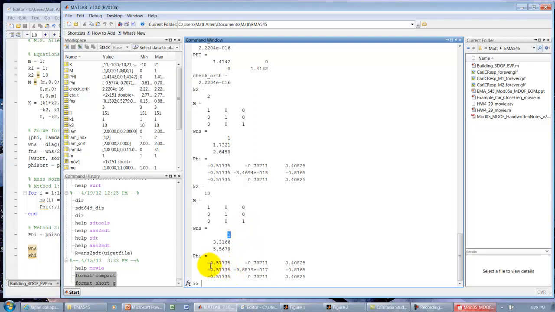The reason is that the first mode doesn't involve any relative motion of those masses. So the springs K2 don't matter at all during this first mode. So increasing that stiffness doesn't affect the first natural frequency at all. However, it does drive the second and third natural frequencies up quite a bit because those depend on relative motion between the masses.